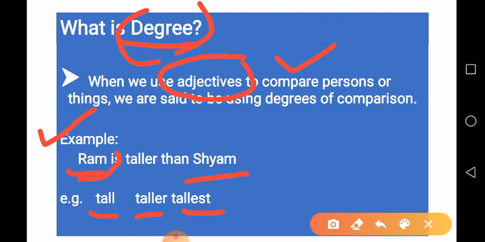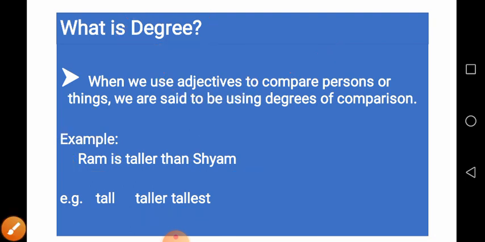So, Ram is here compared with Shyam, and to make comparison we have used an adjective, that is tall. In a comparative it is taller, taller than. So, we use degrees adjectives to compare persons or objects.